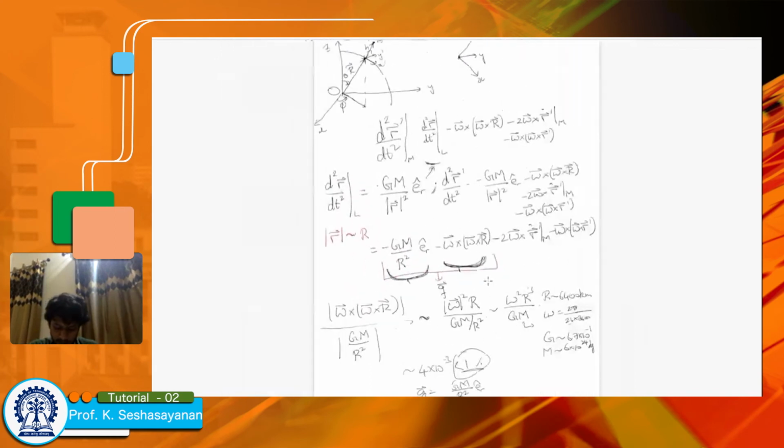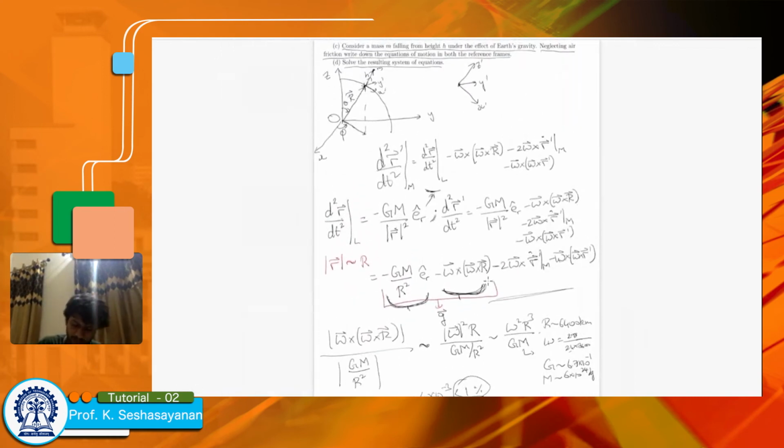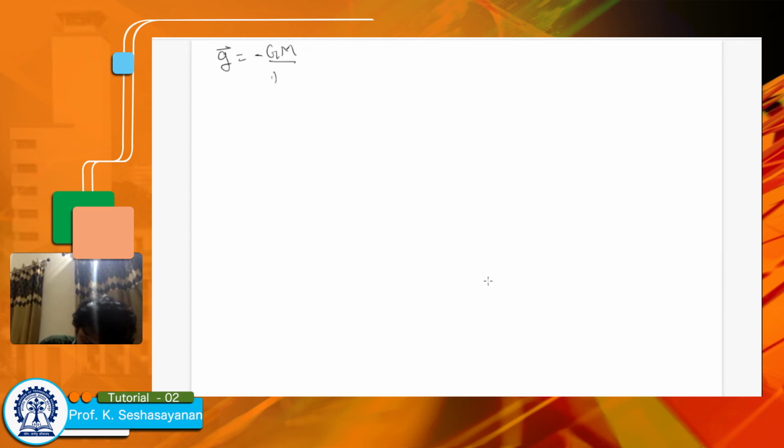Okay. So we go back to this equation now. We just substitute g to be minus GM by R square er hat, and we take minus omega cross omega cross r.